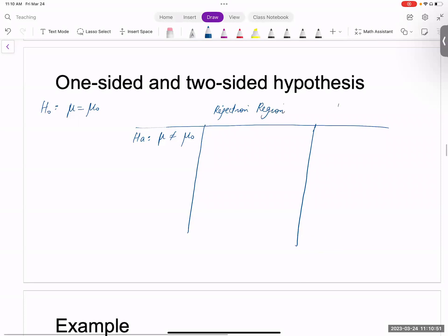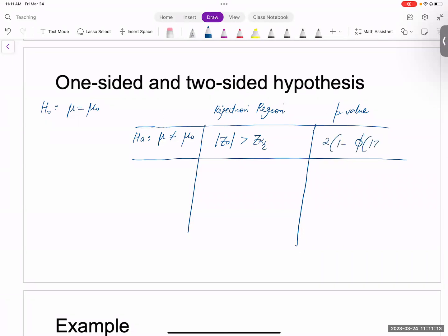And then what we just looked at a few minutes ago was the p-value method. So you can use either of these two methods to do hypothesis testing. The first one is HA, mu not equal to mu0. In this case, the rejection region is absolute value of z0 greater than z alpha over 2. The p-value is 2 times 1 minus phi of absolute value of z0.